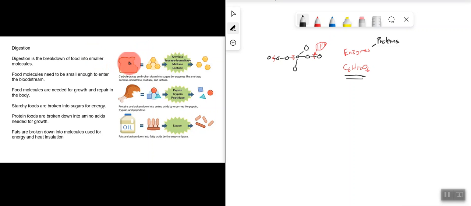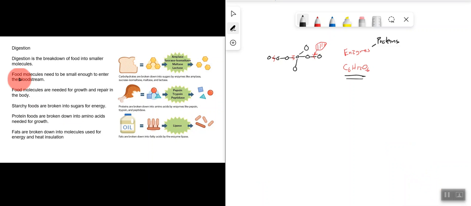We chew the bread, and all of these enzymes start to break down the molecules in the bread into simpler molecules that our body can use to build and repair itself. In the case of carbohydrates, we get glucose, and then we can use that glucose to release energy for the body.